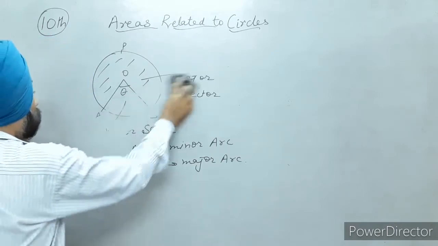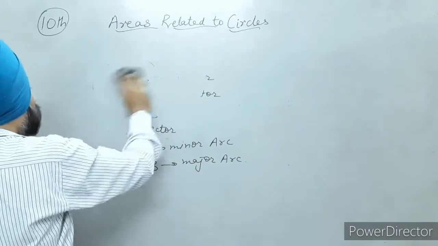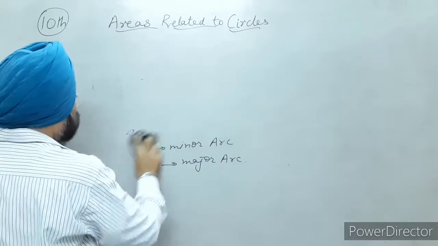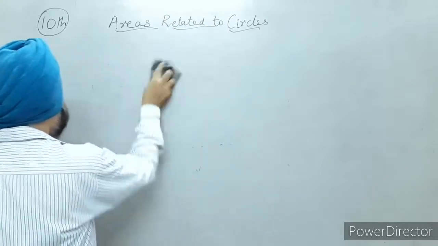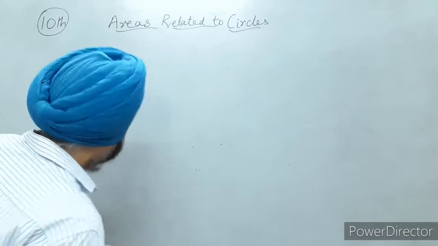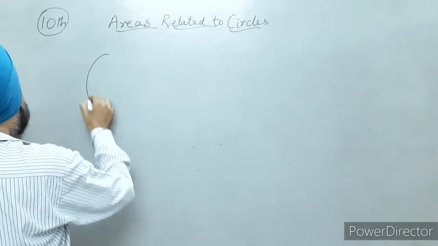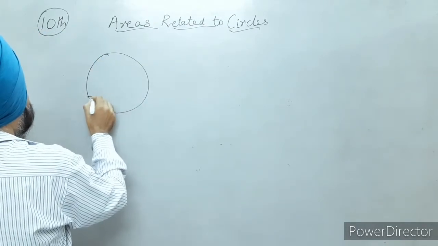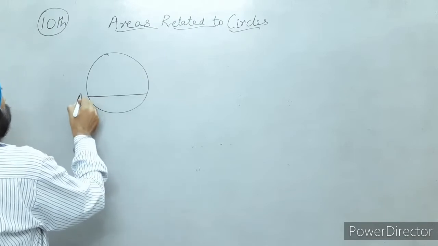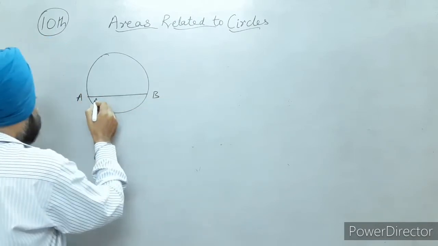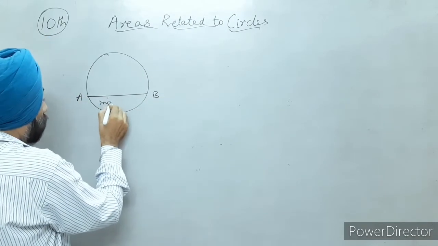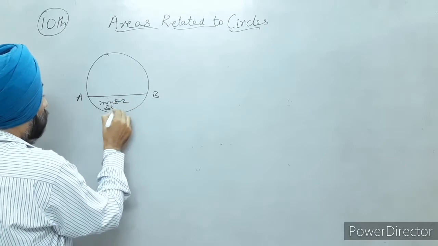Now, let me tell you about the minor and the major segment. It is like this. This is a chord AB, right? This is the minor segment.